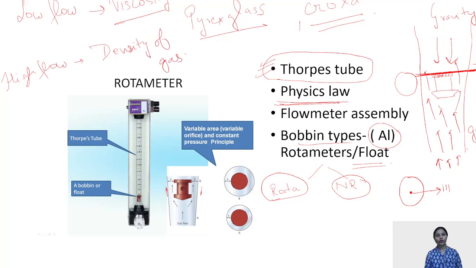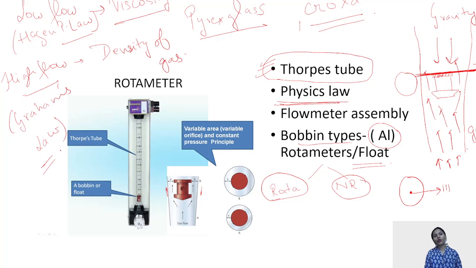The low flows, which you can judge by the scale present on the glass, are dependent on viscosity, and thus follow the Hagen-Poiseuille law. This is the law that the low flow of gases is going to follow. But when we talk about high flow, which is dependent upon the density of the gas, then we are talking about Graham's law.